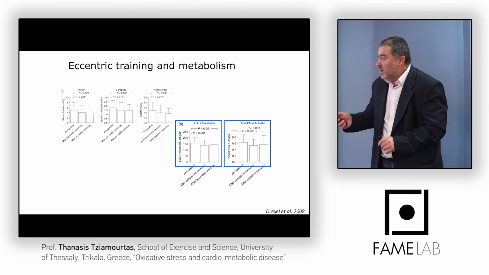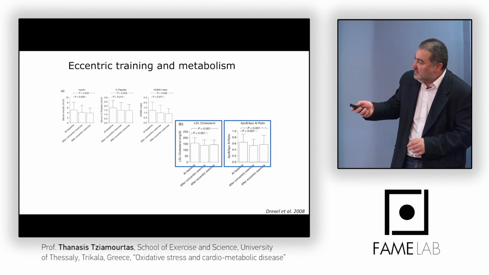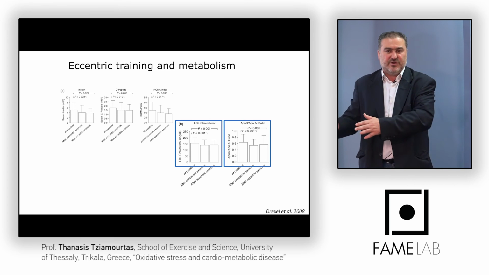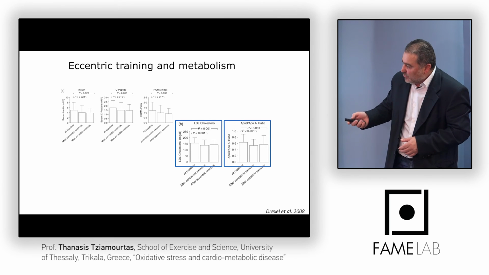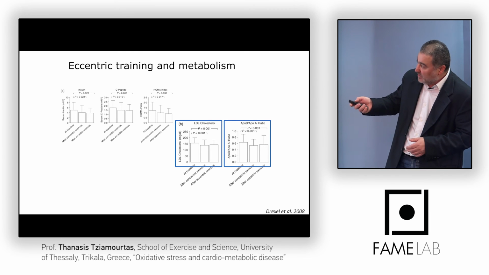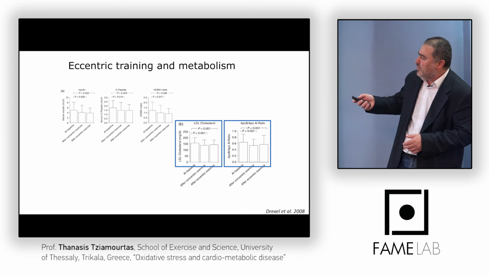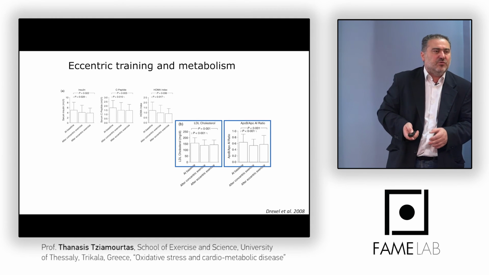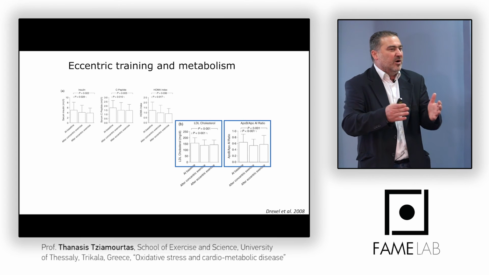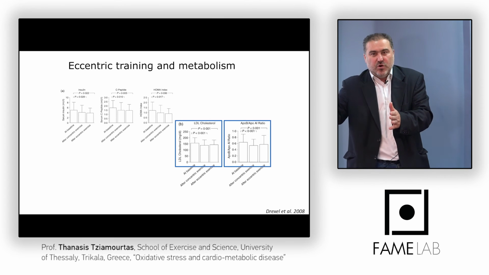If we look here at the lipids, we see that LDL cholesterol and ApoB, which is an apoprotein related to atherosclerosis, were reduced by both concentric and eccentric exercise. LDL cholesterol and the ApoB to ApoA1 ratio, which is an index of how prone one is towards atherosclerosis, were reduced.